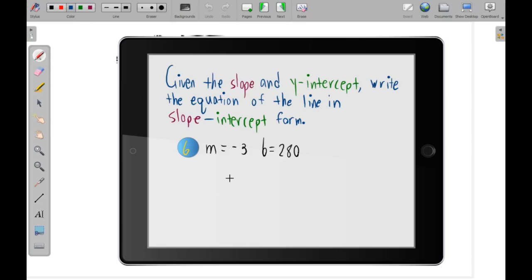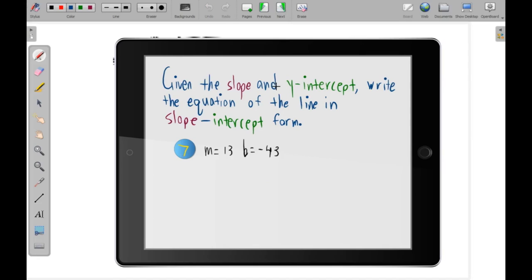So our m is negative, but that's not going to change much. So we have y equals -3x plus 280. Oh, and one more. So we have m equals 13 and b equals 43, where we know y equals mx, y equals 13x minus 43.